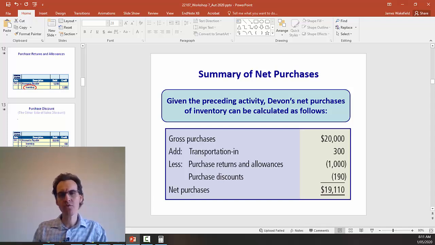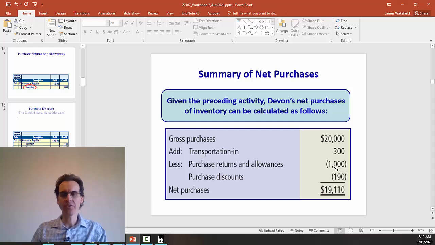So if we look at a summary of what the overall cost of the inventory acquired based on the prior transactions we've just looked at, the original purchase cost was $20,000. We added $300 to that as a result of bringing that inventory to a place of sale.